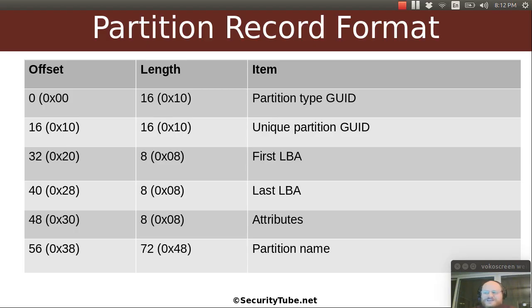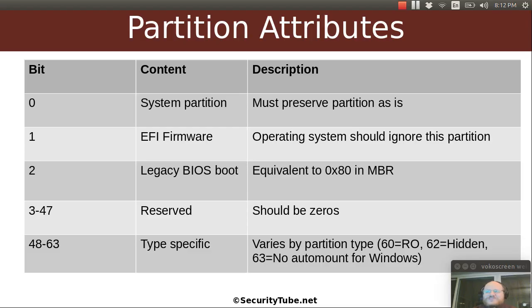What about the attributes? Well, the attributes are grouped together in chunks. So bit 0 says this is a system partition. If that bit is set, that means that the operating system must preserve this partition as it is. It cannot change it.